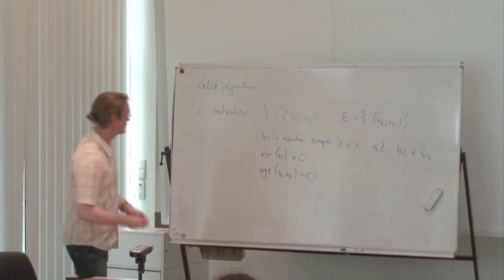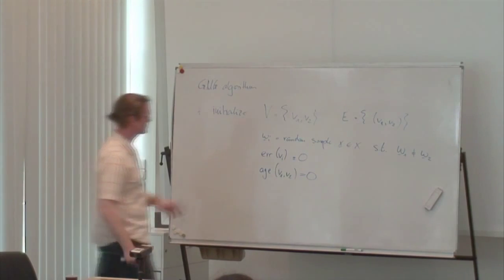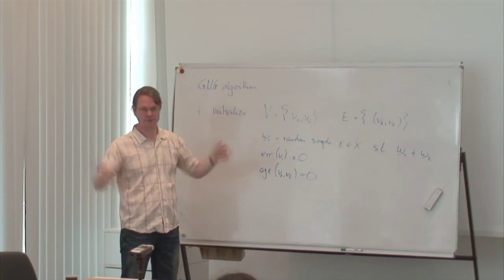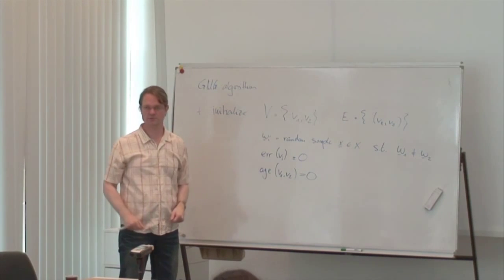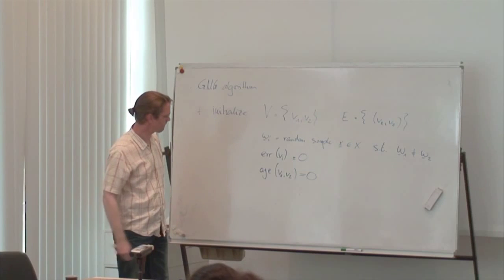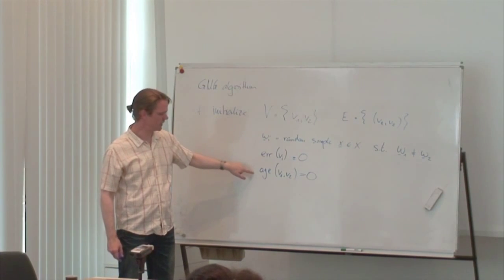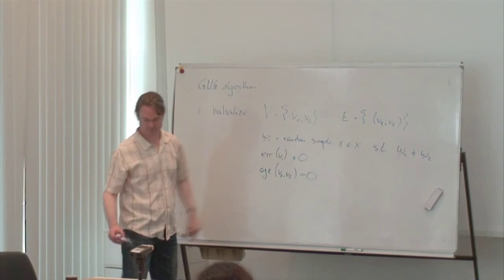Right, this is the initialization. Just 2 vertices, 1 edge. We pick 2 random locations to assign them to the vertices. Make sure that it's not the same location. Set the error of both vertices to 0 and the age of the edge.